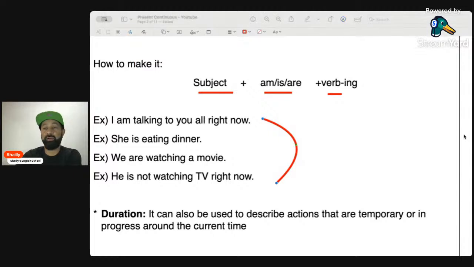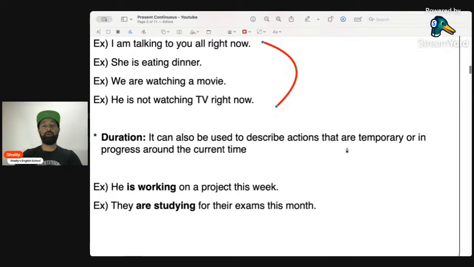Now, one thing also I want you to know is this grammar is talking about any action that is happening now, current action. But we can also use present continuous to talk about a temporary action. Temporary means not forever, not continuing.